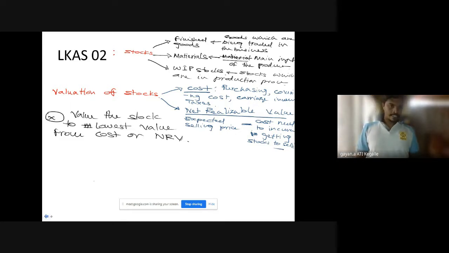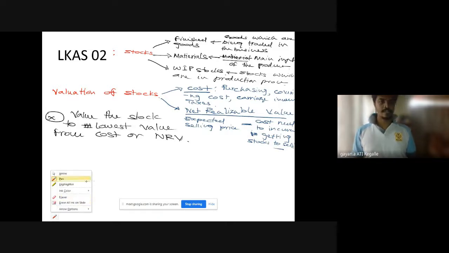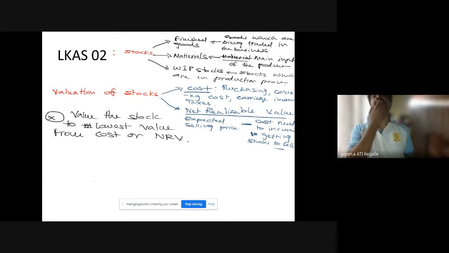According to the LKAS 2, in valuing, that means identification of cost or net realizable value, can be done basically in two main ways. One way is batch based, that is known as Kandatrame batch method.